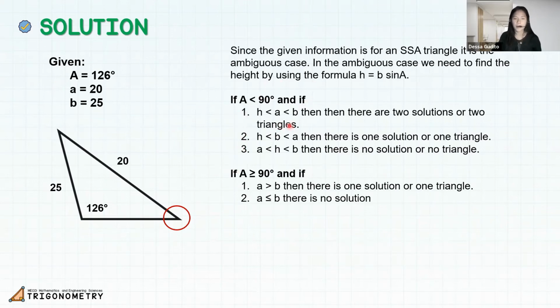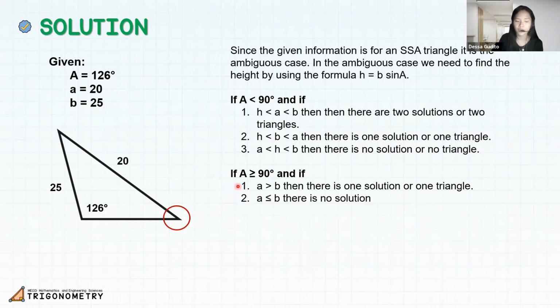So if A is less than 90, we need to go through all these three cases. And if A is greater than or equal to 90, then we need to go through these two cases. So our angle is equal to 126 degrees, which is greater than 90 degrees. Therefore, our triangle is obtuse. So we need to go through this set of cases.